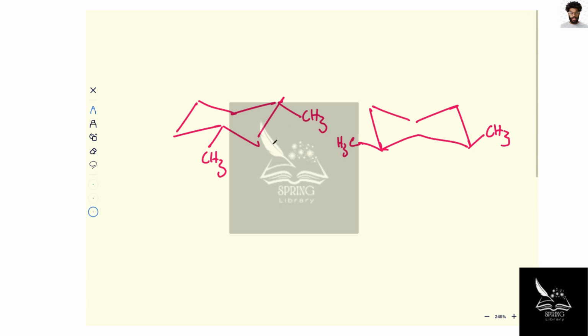And the question is, are these stereoisomers, constitutional isomers, different conformations, or the same conformation of a compound? So I think what will help here is if we can draw in the hydrogen substituents.